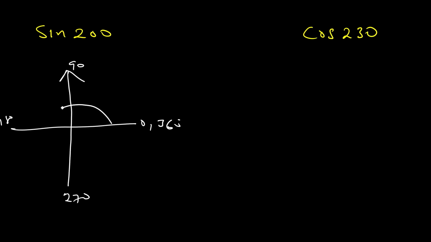We start this way, anticlockwise. We need to measure the angle on this side. We know from here to this side is 180, and from here to this side is 200.